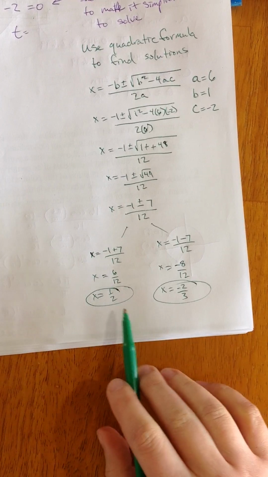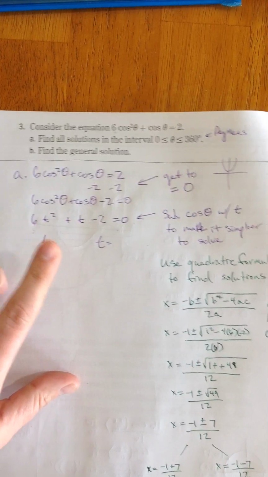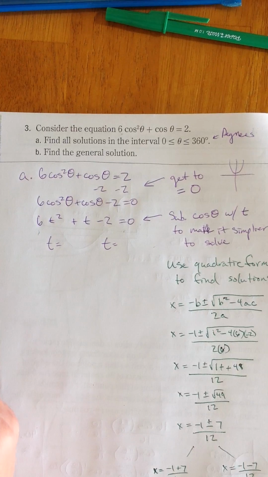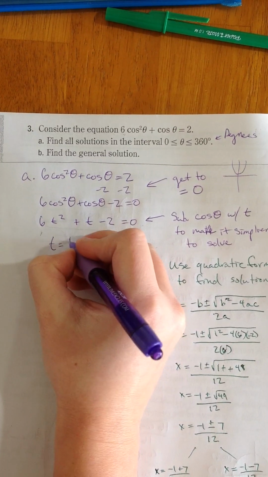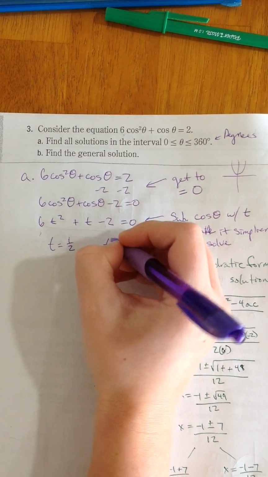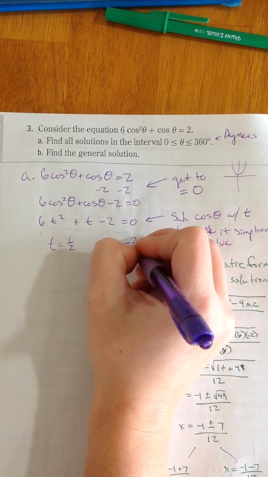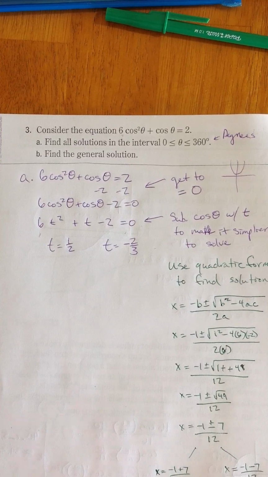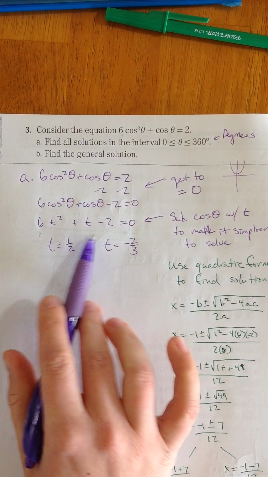So then what you're going to want to do is take those and put them back up here into our original equation where we were solving for those actual t's. So that would tell us our one t is a half, the other t is -2/3. So we got what those values are.